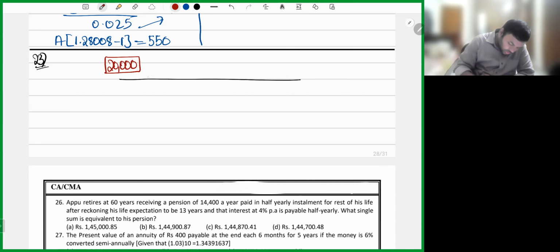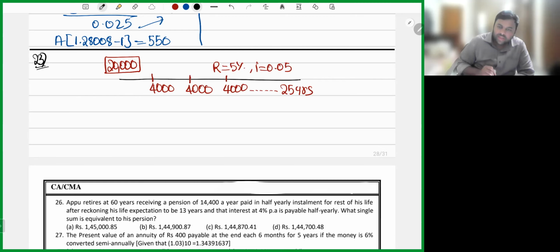He is paying 4,000 at the end of each year. For how many years will he pay like this? He'll pay like this for 25 years. So rate of interest is 5% and i equals 0.05.